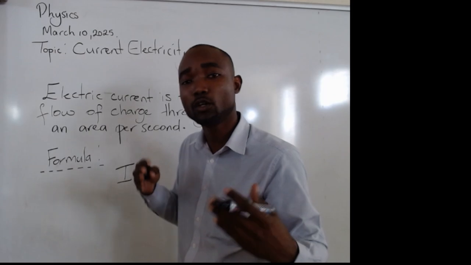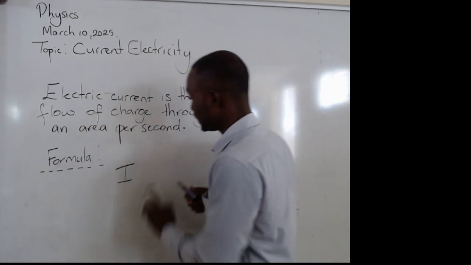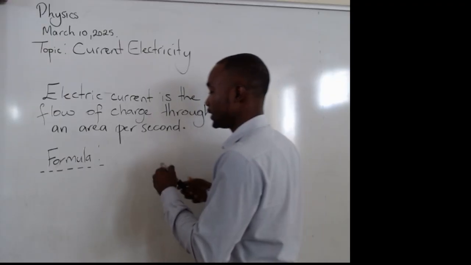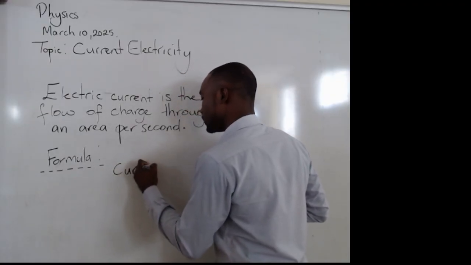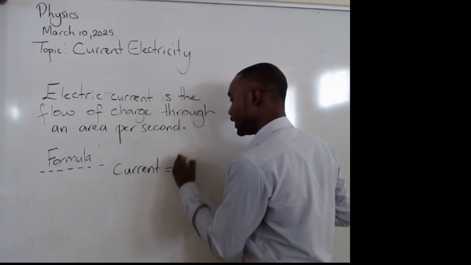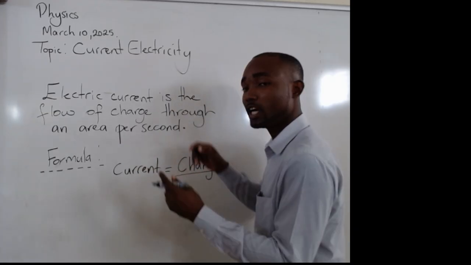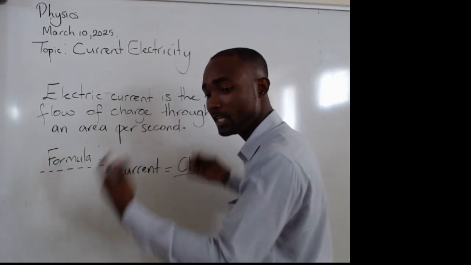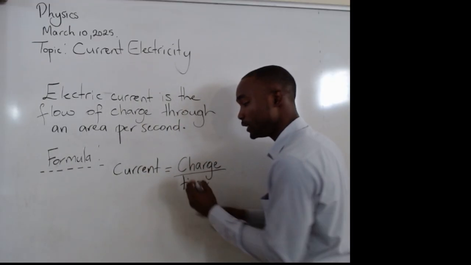So for the word current, if you don't want to write out the word current, you can write I. So I'll first write it in words. Current is equal to charge, and this is a charge flowing through a particular area per second. So down here we're going to put time.